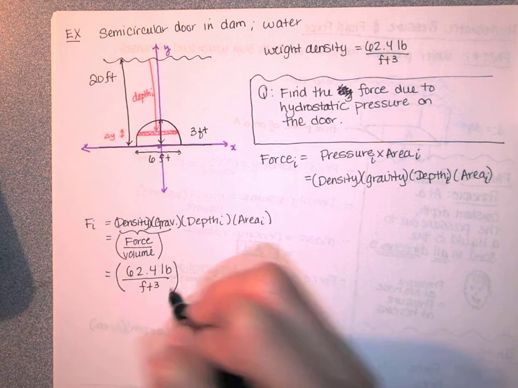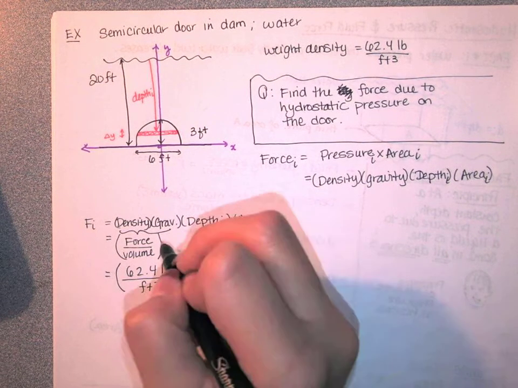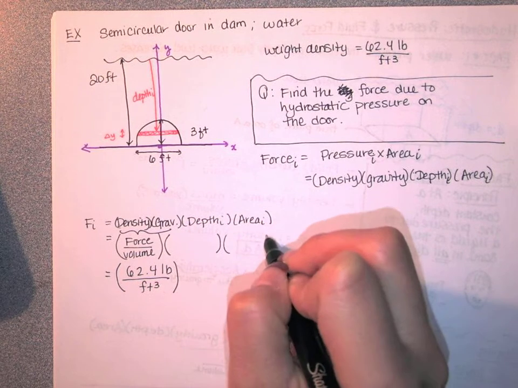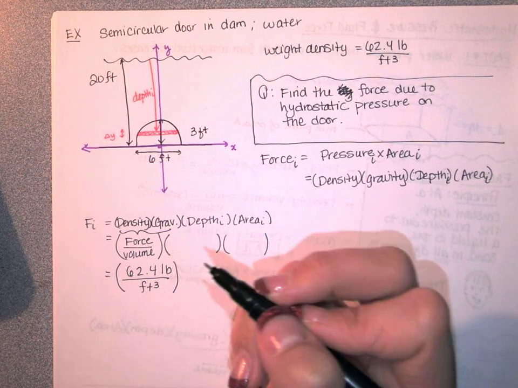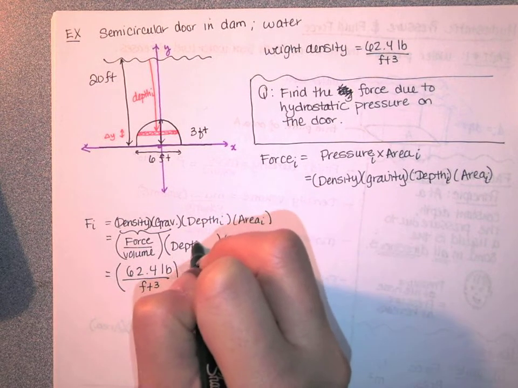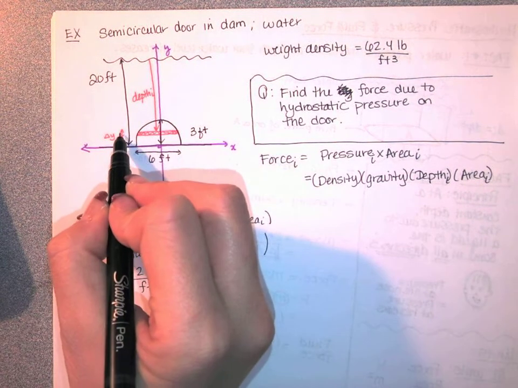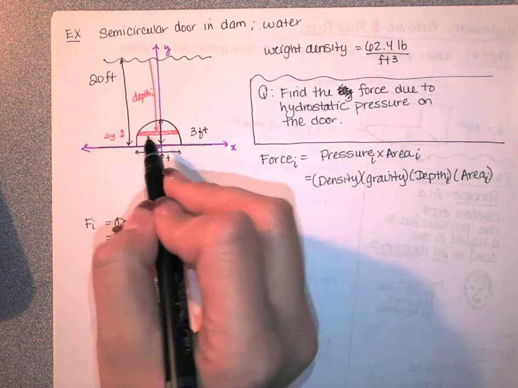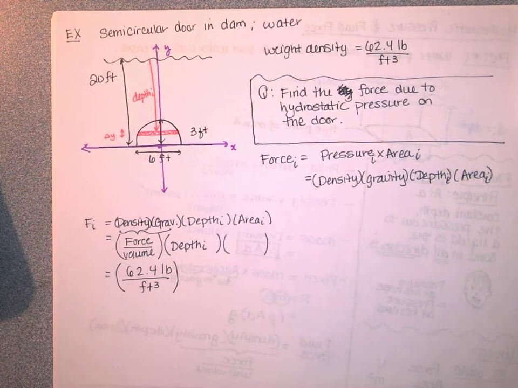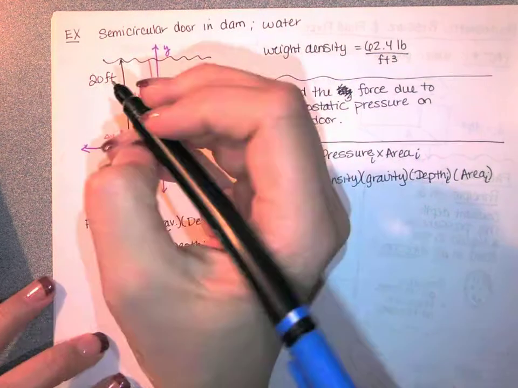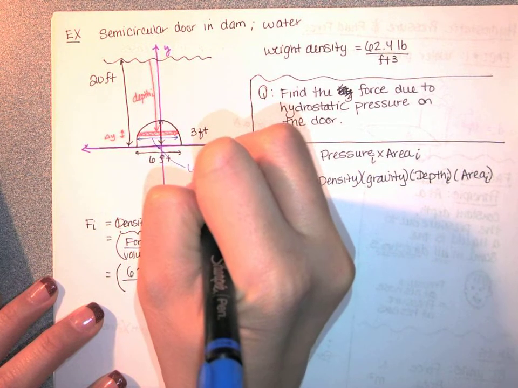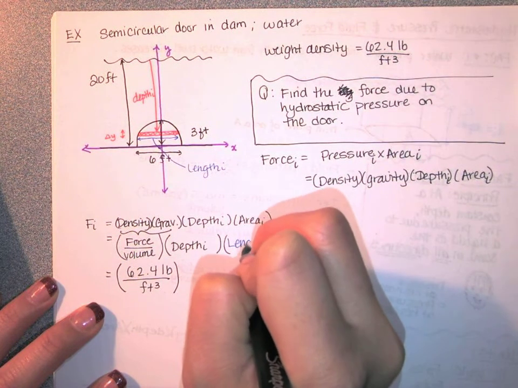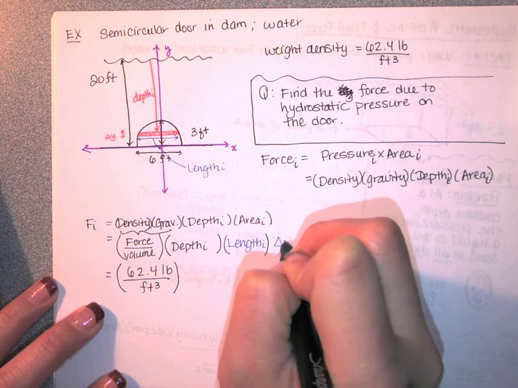That's the weight of 1 cubic foot of water. Now I just need to find the depth that slice is at, and then the area of the slice. The area can be broken down even further. I'm going to write depth here. Area is always going to be delta y times something. I know this is not a perfect rectangle, but in the limit it's basically going to be a rectangle. So the area is going to be this length times delta y.